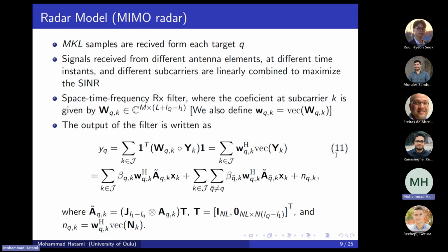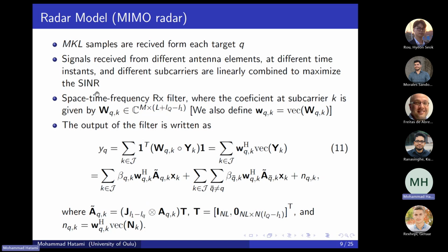Therefore, for each target, we have MKL different samples from each target. We should combine these MKL samples in such a way that maximizes the SINR. Therefore, we also need to design the filter at the receiver of the radar.